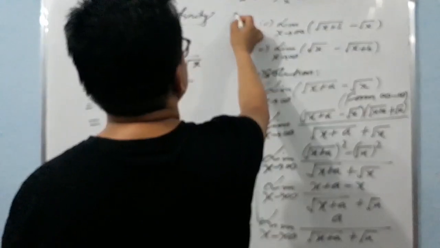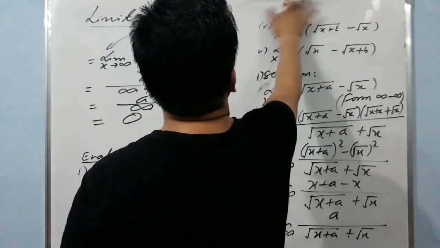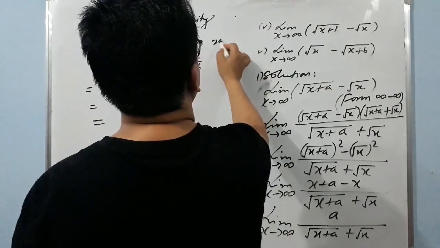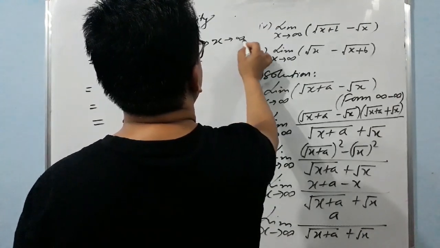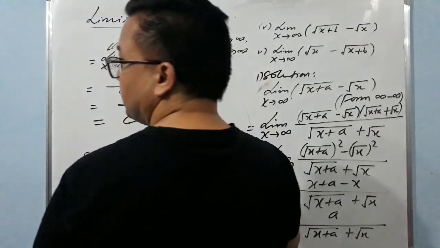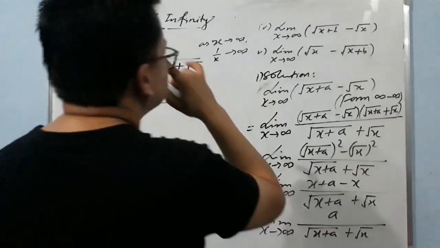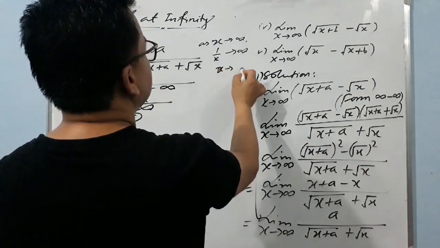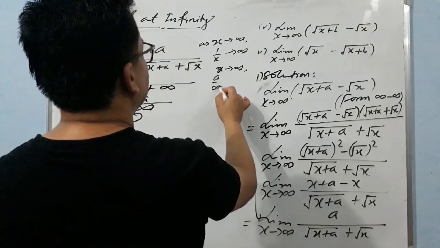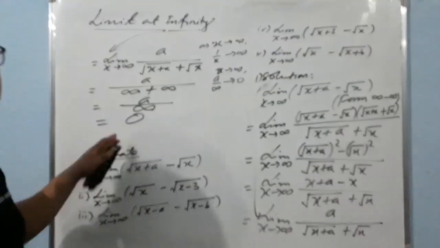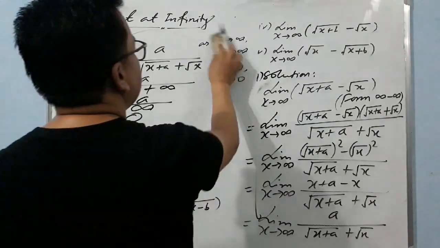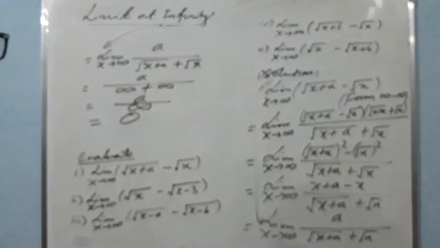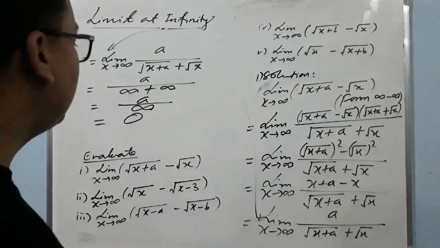Similarly, as x tends to infinity, a upon infinity tends to 0. So 0 is the limit of the function at infinity. Everybody, I think you are clear how to evaluate the limit of an algebraic function at infinity.